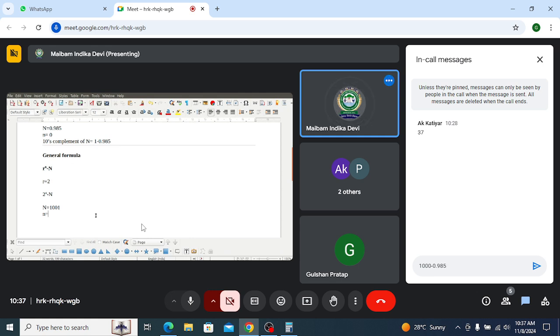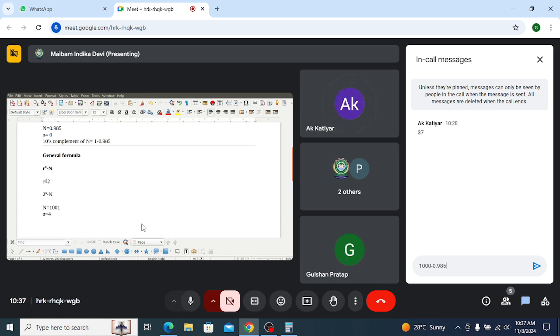Guys, respond, yes or no at least. What will be the small value of n out here? How many digits are here in this binary number, 1001? 4, right? So n will be 4 out here.